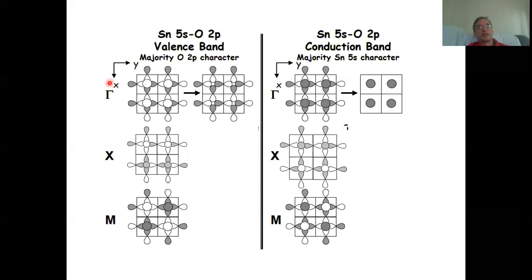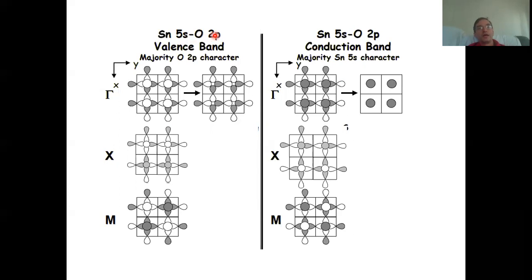Okay. So now at lambda, kx has to be 0 and ky has to be 0. And that means that we do not flip the algebraic signs of the wave functions for all the orbitals that we consider here, which is in this case the 5s of the tin and the 2p of the oxygen.